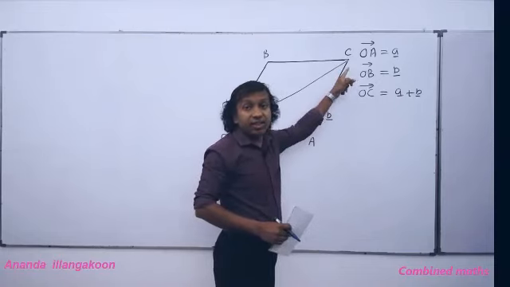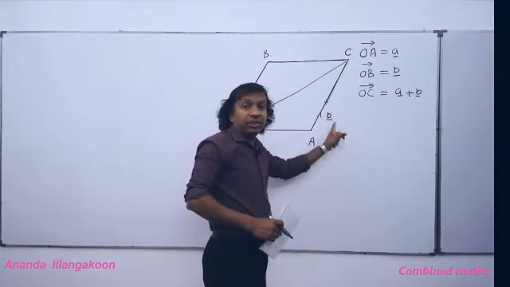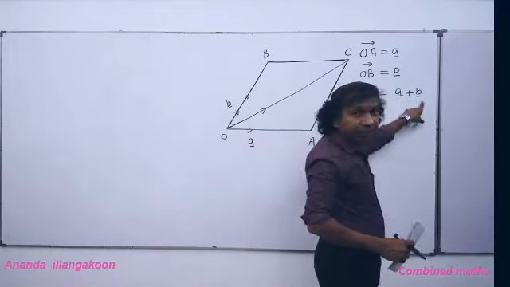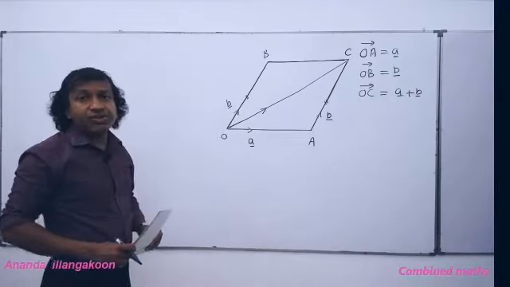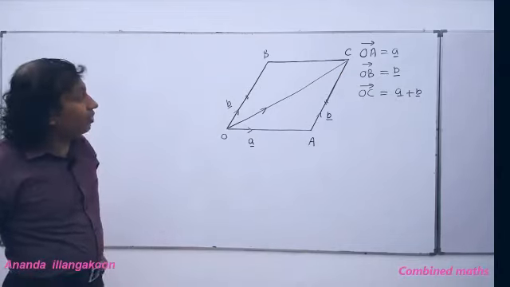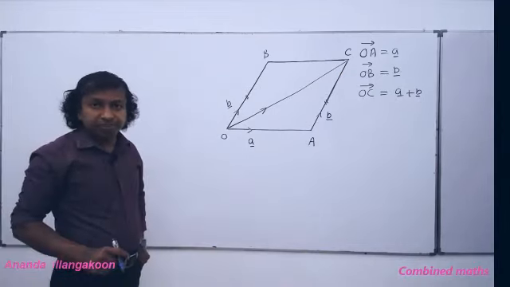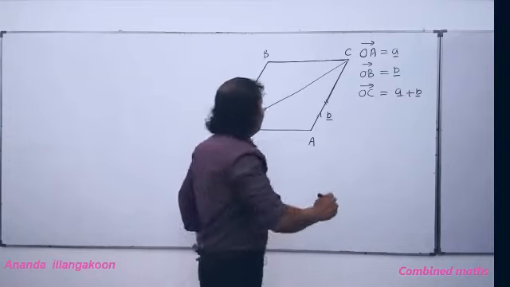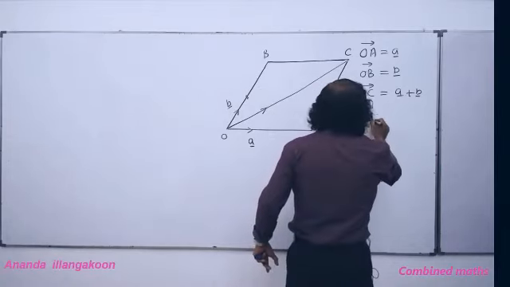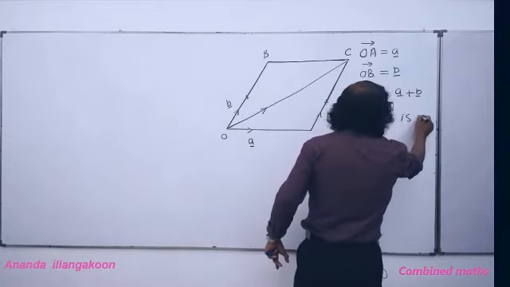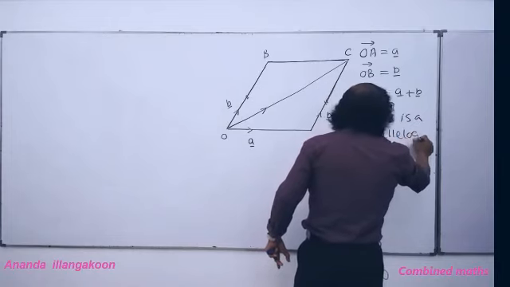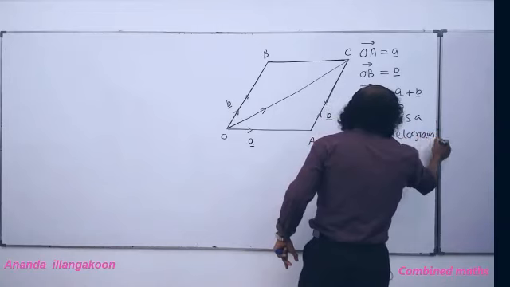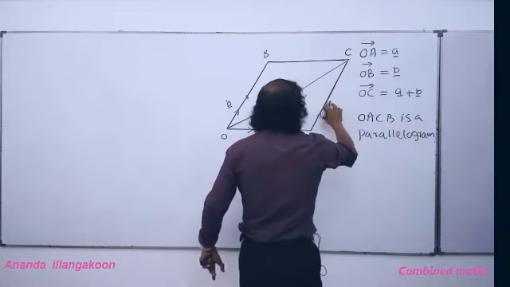It is a plus b. So that is why we say the point C should be such that OACB is a parallelogram. Understand? Right? Then it's okay. OACB is a parallelogram, right? Okay.